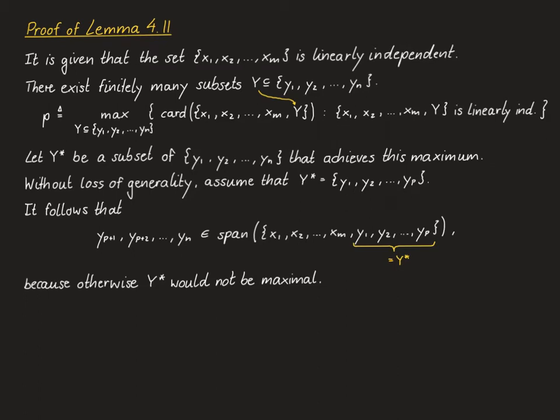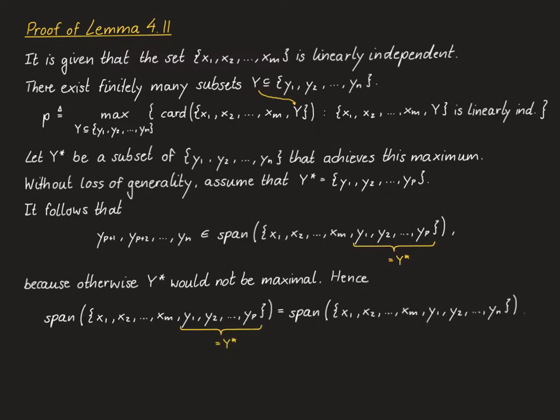It follows that any of the other vectors that are in y but not in y star, so the vectors y_{p+1} through yn, must be contained in the span of the set of vectors x1 through xm combined with the vectors in y star. And that's because otherwise y star would not be maximal. So suppose one of these vectors was not in the span, then we could add this vector to the set and achieve a subset y that is larger than our subset y star.